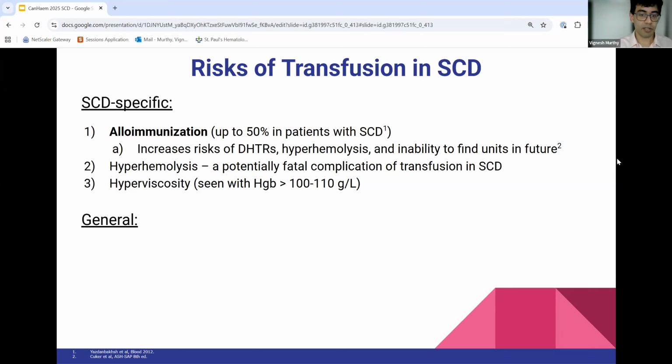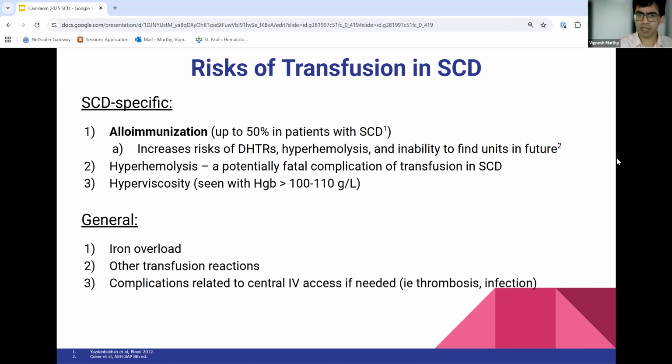Hyperhemolysis itself is a potentially fatal complication of transfusion in sickle cell, and hyperviscosity is also seen when their hemoglobin rises above 100 or 110. And of course, we face all the same risks as any other population receiving transfusion: iron overload, other transfusion reactions, and complications related to central access if it's required, including thrombosis or infection.